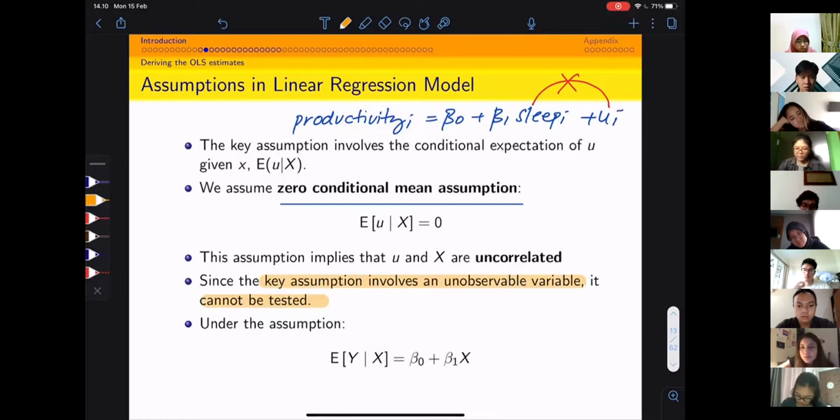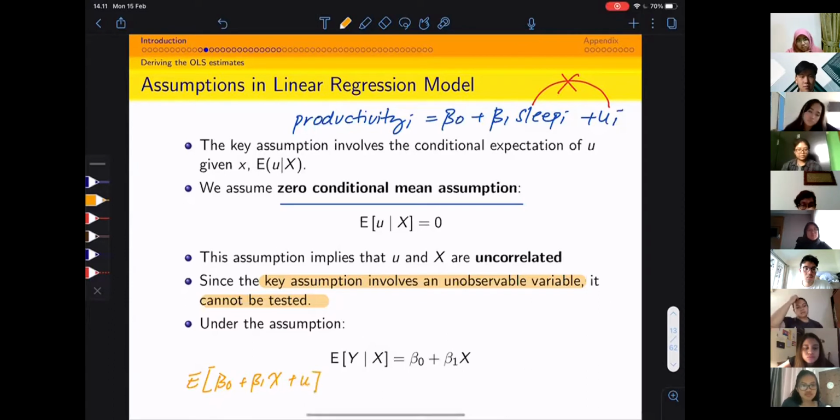So if you guys remember, the expectation of y is going to be beta 0 plus beta 1 x plus u, conditional on x.